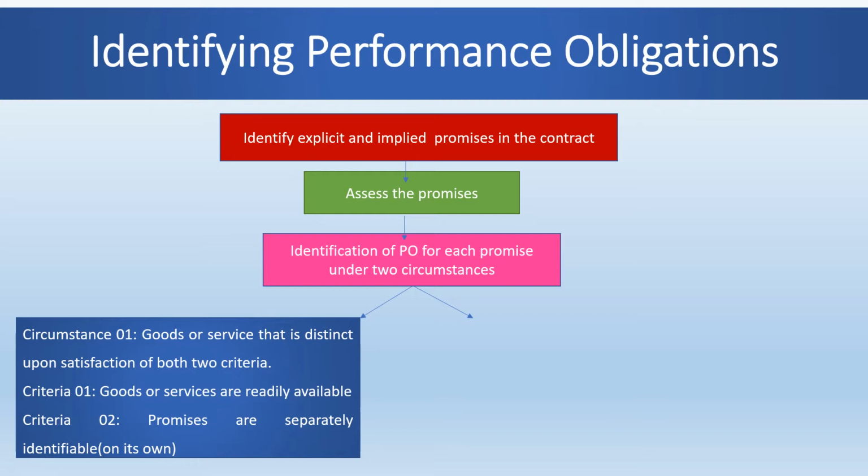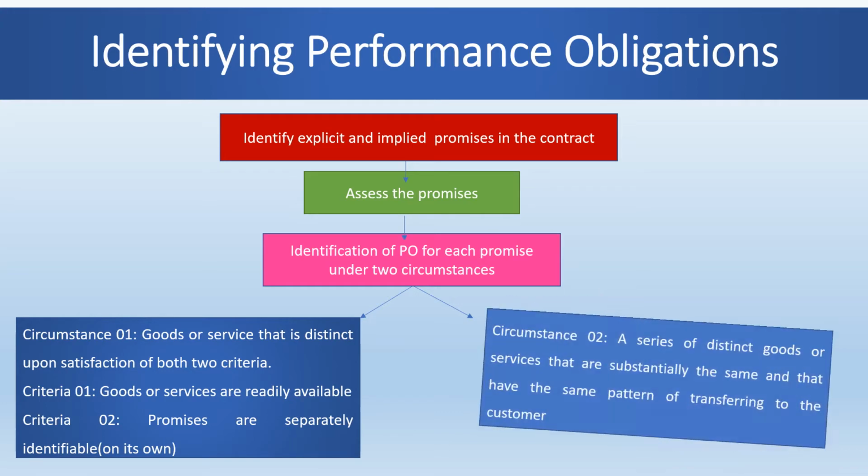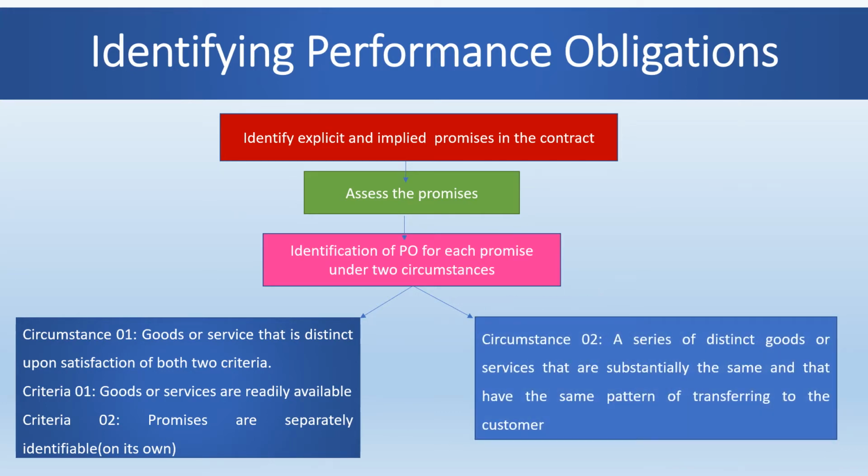The second criterion is that promises are separately identified on their own, which means distinctive. Then, under the second circumstance, a series of distinct goods or services that are substantially the same and that have the same pattern of transferring to the customer should be identified.